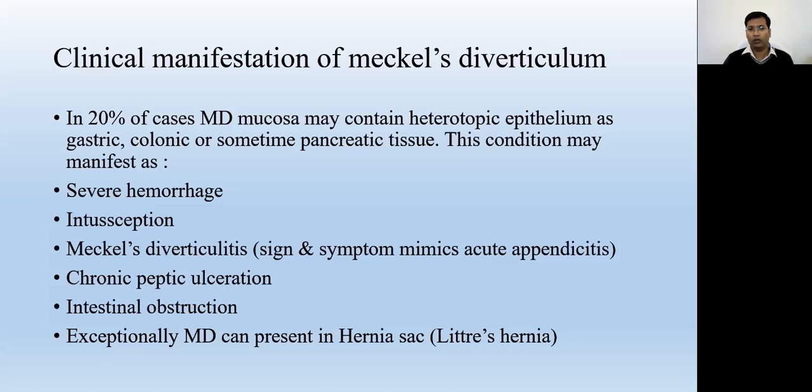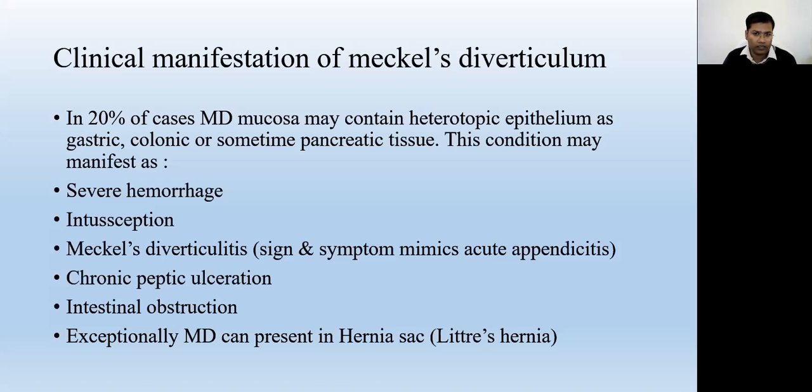Later on, that appendicular mass may become an appendicular abscess, and later on it can perforate. Sometimes, initially the patient can perforate also. So Meckel's diverticulitis can have similar features of appendicitis.